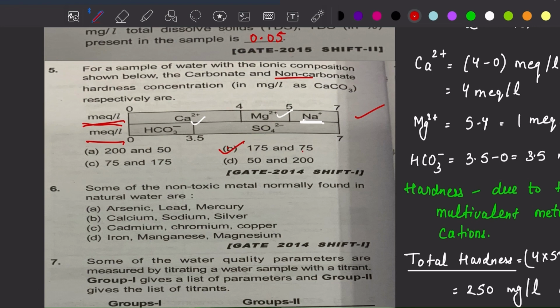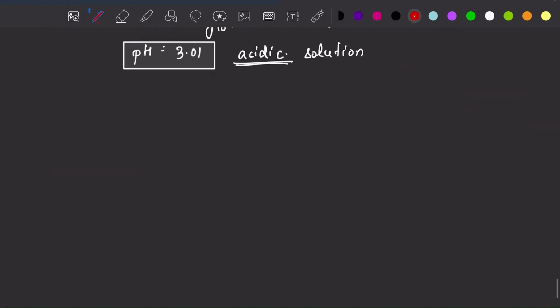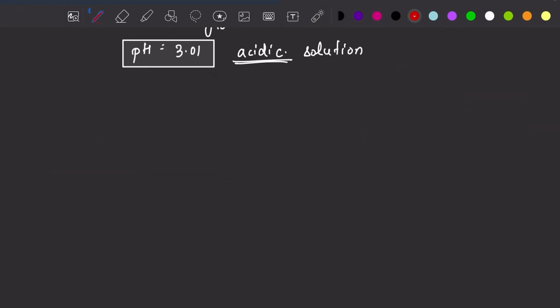So we should know which types of metals are toxic and which should be avoided in the water.